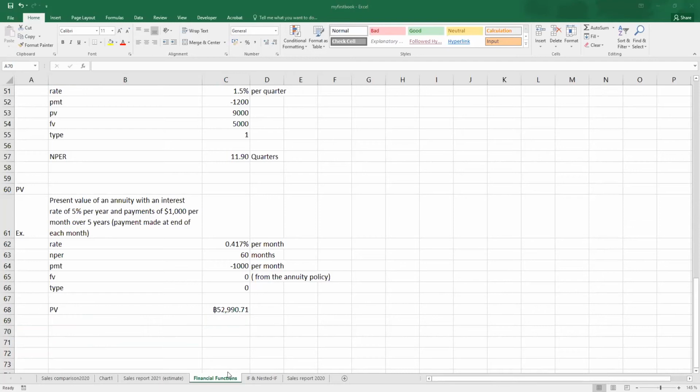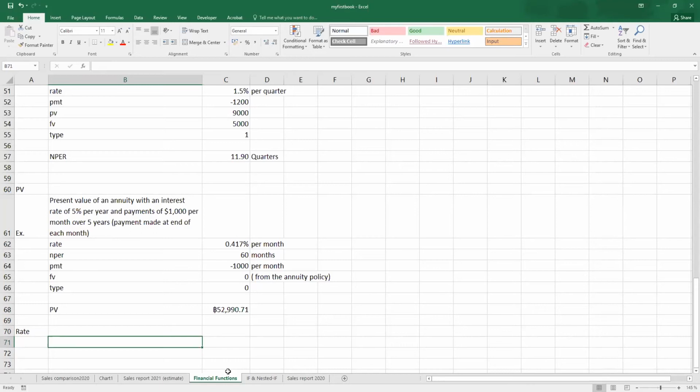Apart from the PV or present value, the next function that we have to learn is the rate function. The rate function is used to calculate the interest rate in terms of clearing a loan or in terms of saving as an investment. The rate here will be returned as a percentage, but the unit of time depends on the number of periods or the payments that you pay.